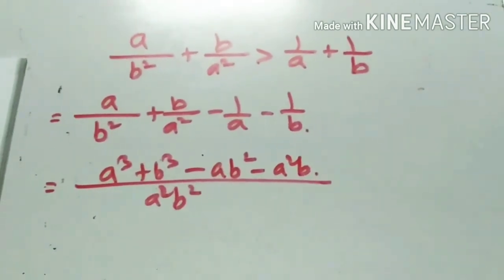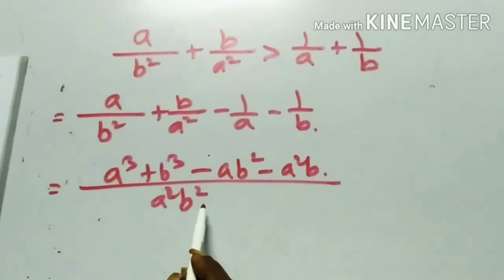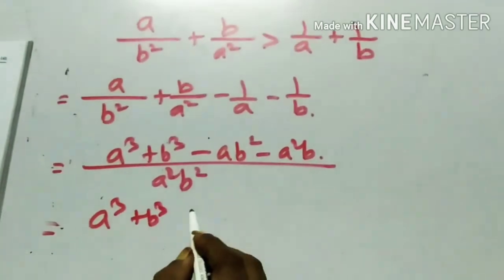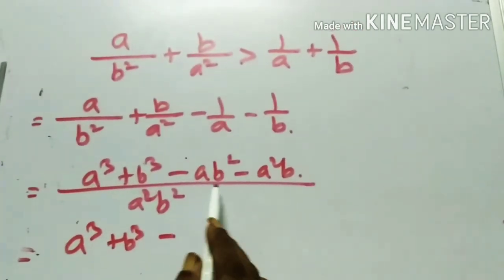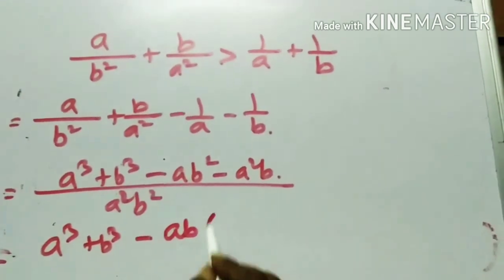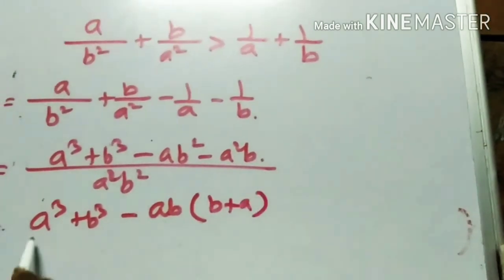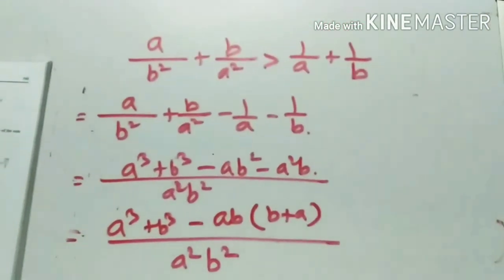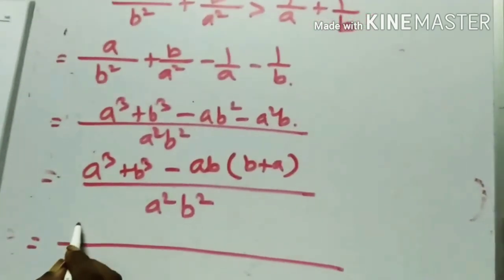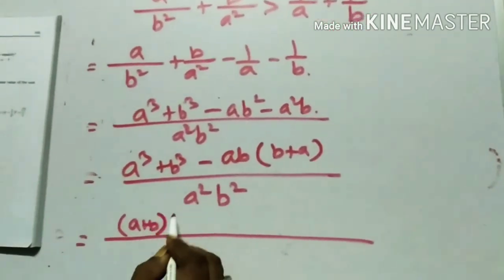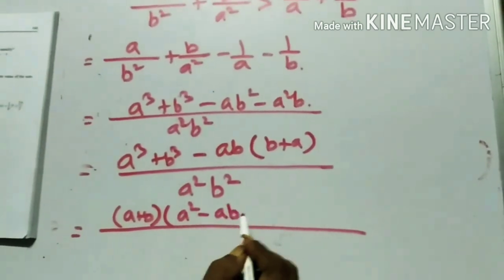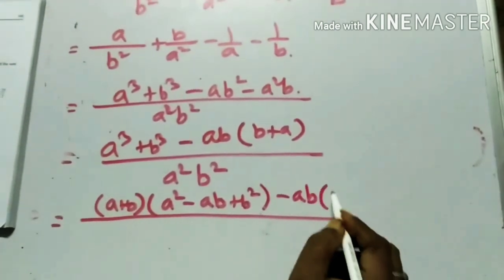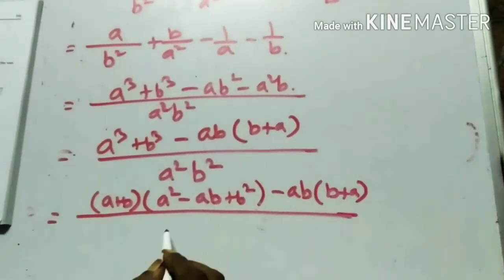Now what I can do here, let me see. a cube plus b cube, here I can write this as minus ab common, so b plus a, by a square b square. Now a cube plus b cube, the formula of a cube plus b cube is a plus b, a square minus ab plus b square closed, minus ab, b plus a.